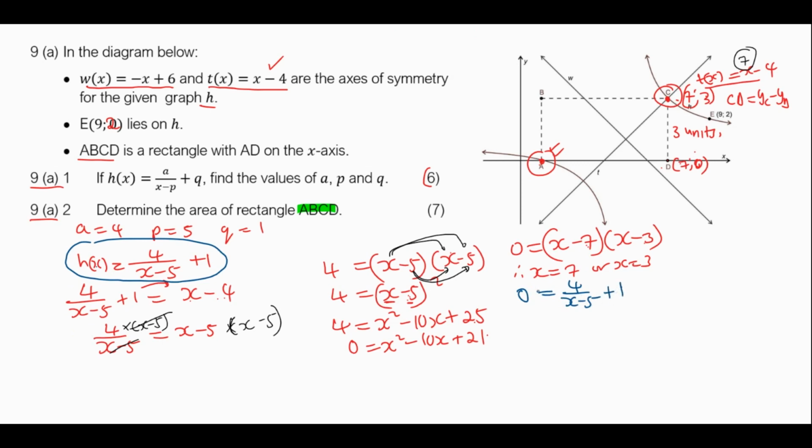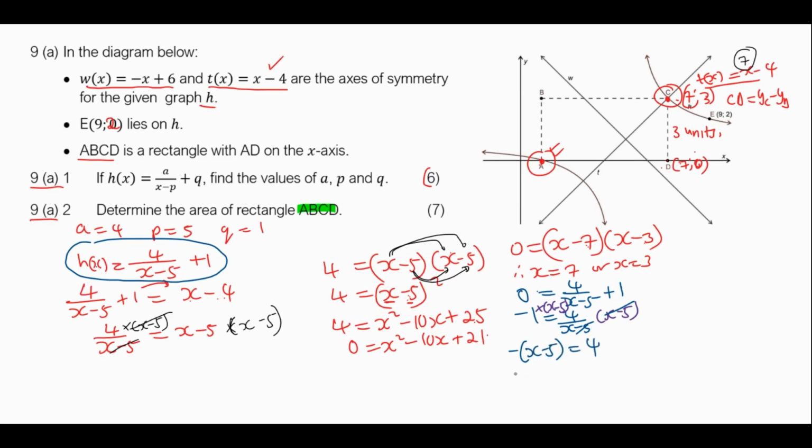Then you can transpose 1 to this side, become negative 1 is equal to 4 over x minus 5. Then multiply by x minus 5 on both sides. Then x minus 5 divided by x minus 5 is 1. So we remain with negative 1 times x minus 5 is equal to 4.